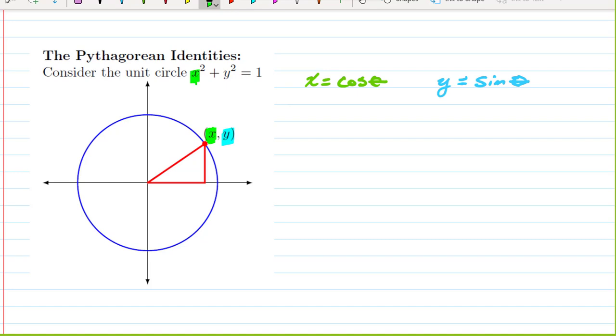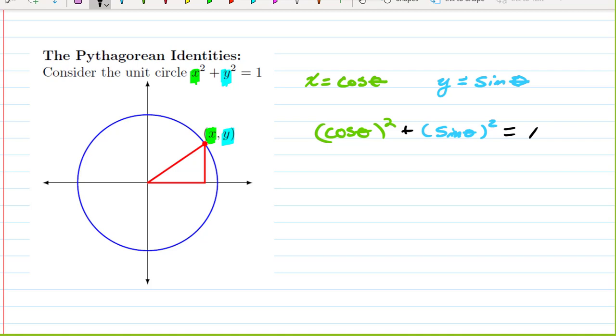Well, if I substitute x and y into the equation of the unit circle, we would get cosine theta squared plus sine theta squared is equal to 1. And this is what is referred to as the first Pythagorean identity.